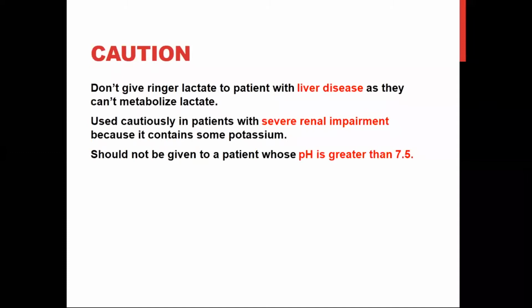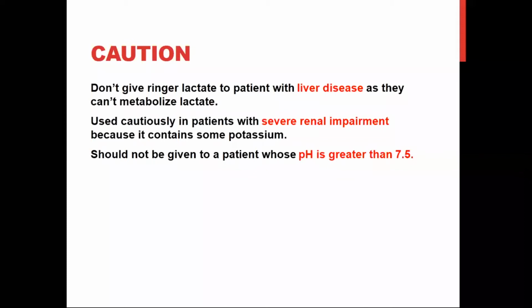What is the caution to use the ringer lactate or Hartmann solution? Do not give ringer lactate to patients with liver disease. Any patient with liver failure, avoid large amounts of ringer lactate as they cannot metabolize the lactate because they have liver failure.